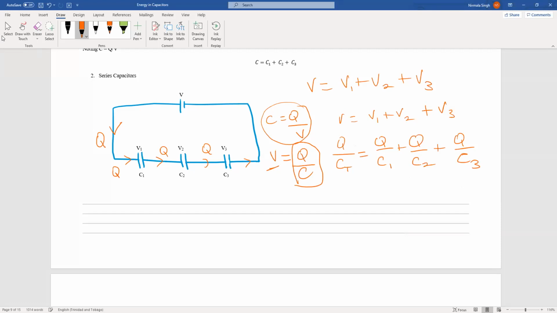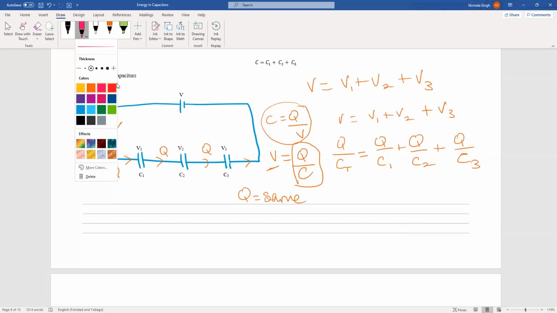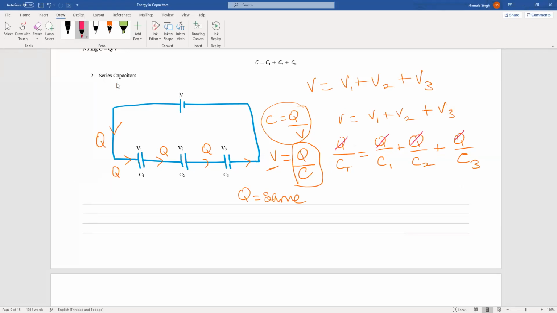Now, Q here is the same, so that means they will cancel out nicely. All the Q's will cancel, thus giving us 1 over Ct is equal to 1 over C1 plus 1 over C2 plus 1 over C3.